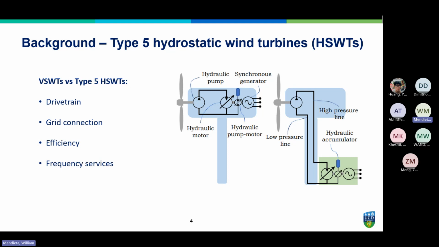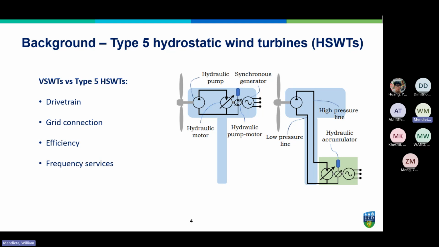For example, we can place the synchronous generator either in the nacelle or at the base of the tower, and also these types of turbines have lower maintenance costs because we remove the gearbox and the power converter, and also, as I mentioned before, because we have the ability to move the generator to the ground level, making the tower structure lighter and cheaper.